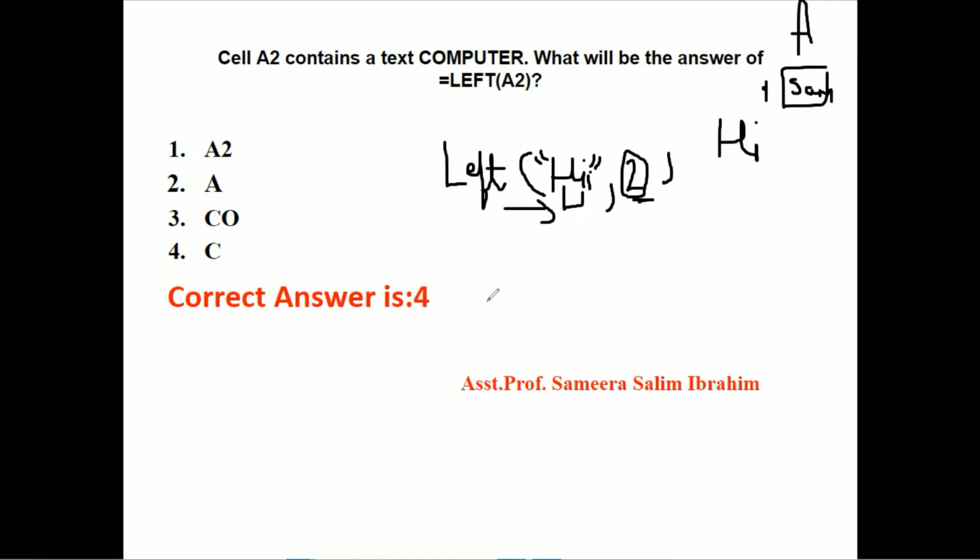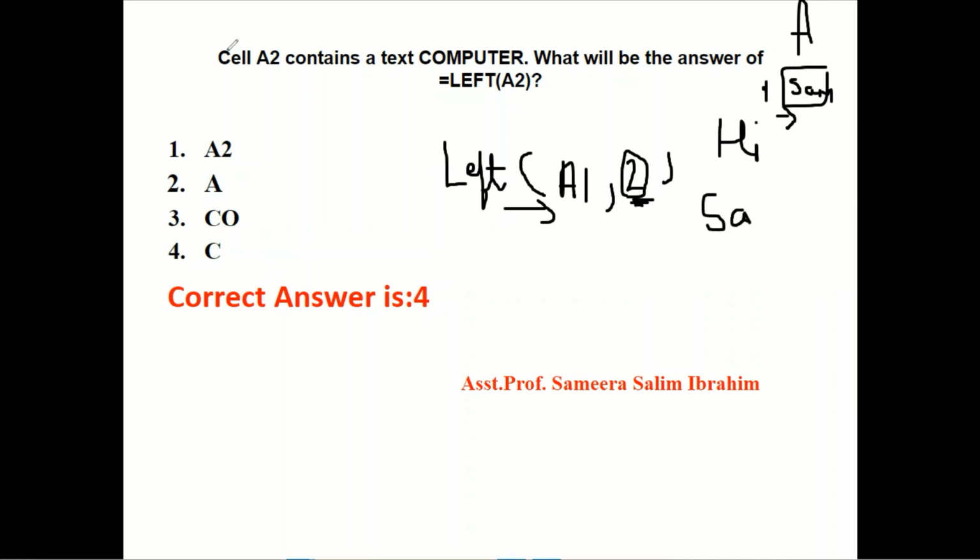Instead of hi, suppose I want to access that cell, so I'm going to write A1. What I'm telling my LEFT function is: go to cell A1, check whatever is there, and from the left side get 2 characters. So what will be there from the left side? S and A. So my output will be SA.